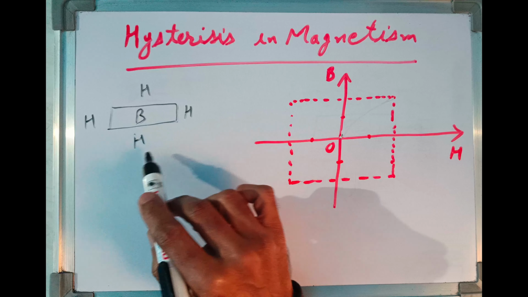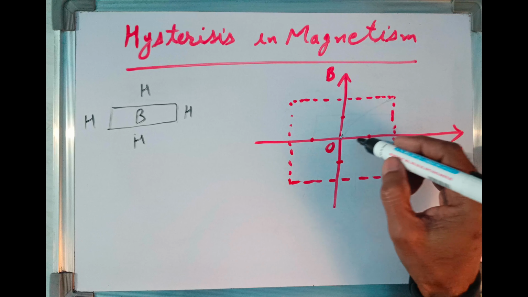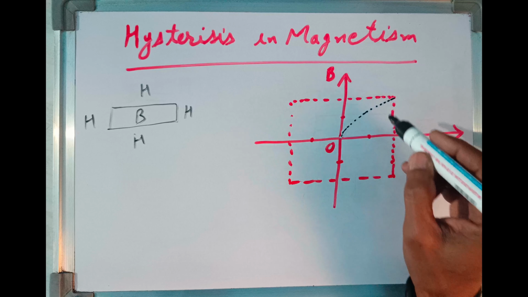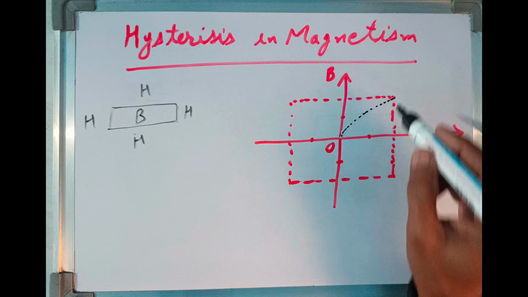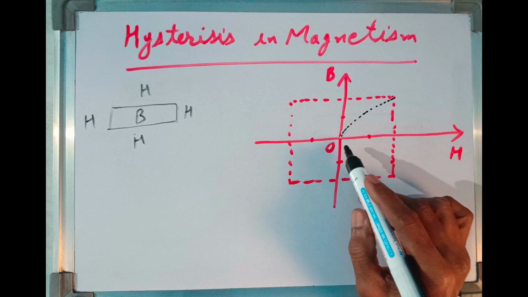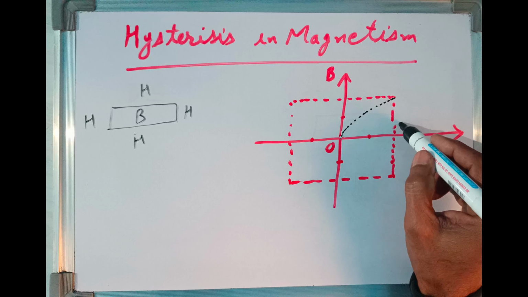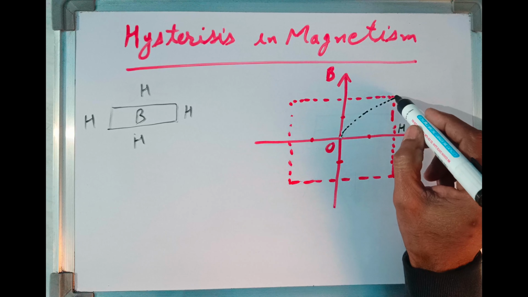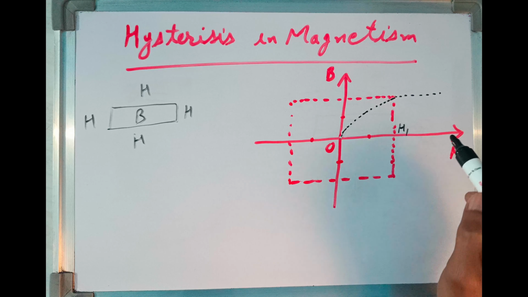As we increase the value of the external field H, B also starts increasing, and this change takes place as shown in this part of the graph. Up to this point, B goes on increasing with the increase in H. And after this value of H, suppose it is H1, H is increasing but B stops increasing, it gets saturated.